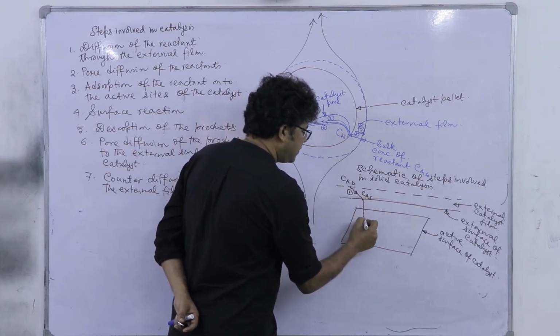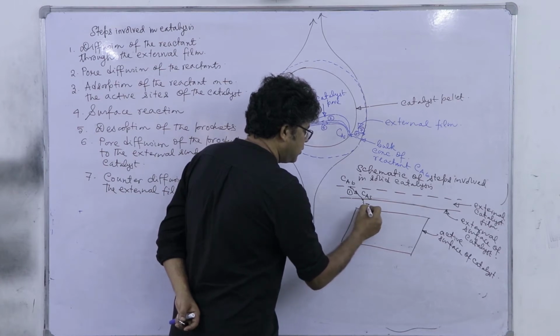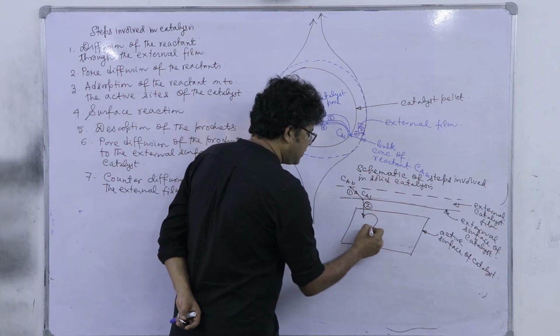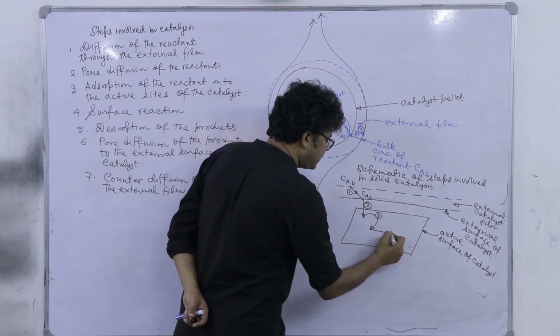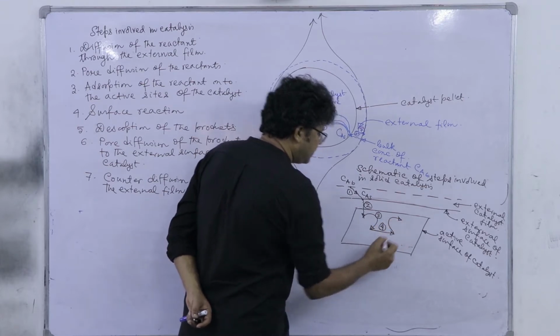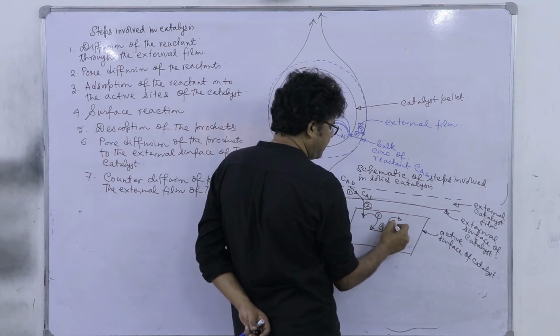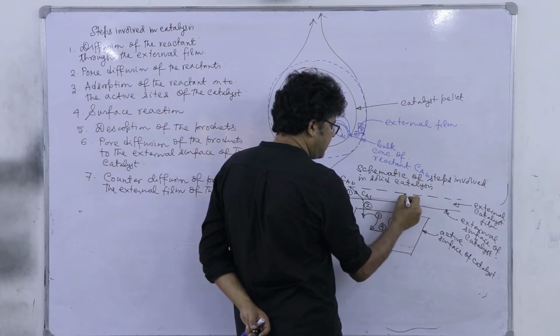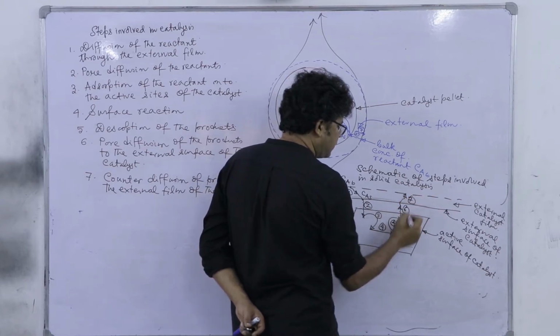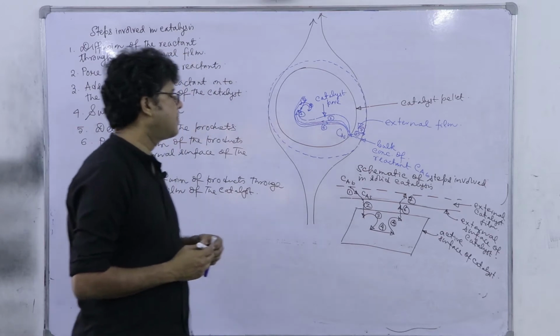Next, it is the pore diffusion, step 2. Next, it is adsorption, step 3, surface reaction, step 4, desorption, step 5, counter diffusion through the pore, step 6, and finally going out, that is step 7, diffusing through the external film. Right.